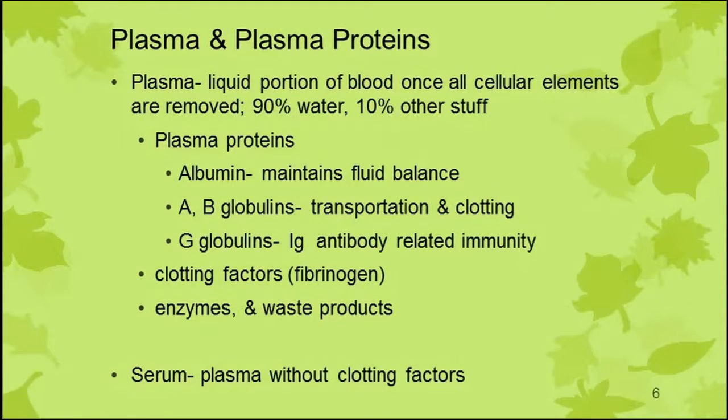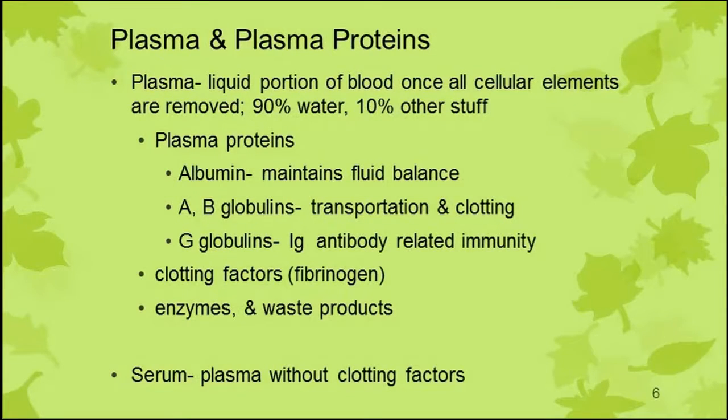G globulin or gamma globulin, or also we refer to it as Ig antibody, has to do with immunity. So that is also some of the other stuff. It's in that 10% of other stuff. Clotting factors, fibrinogen, is in that other stuff, and then enzymes and waste products. So our plasma is pretty important. 90% water, 10% other stuff, but that other stuff has some very important parts to it, okay?